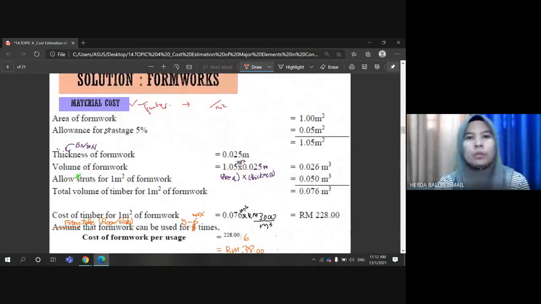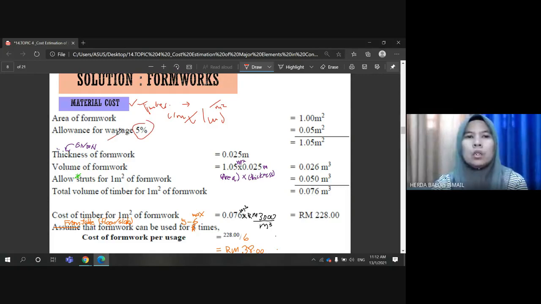Right. So the area of formwork is 1 meter times 1 meter, which is 1 square meter. We allow for wastage of 5%.